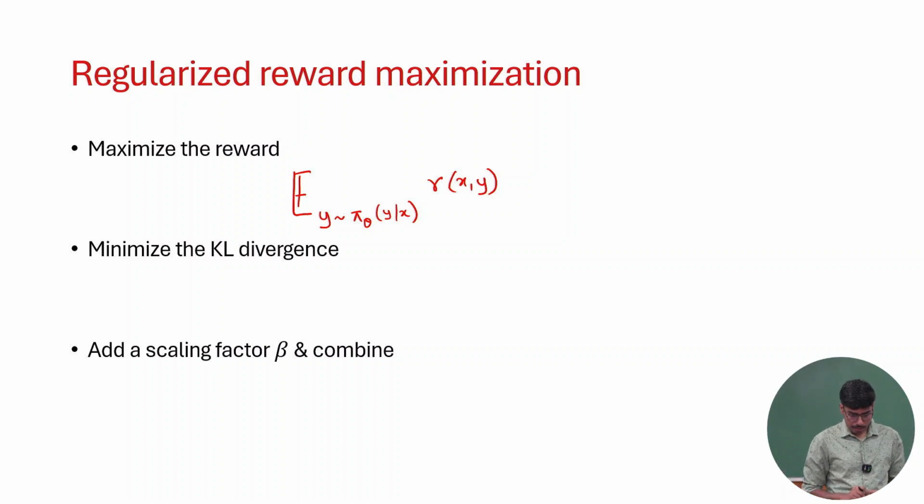And we also said that we don't want the policy to deviate too much from the starting point, the base policy, also called the reference policy, right? And how do we achieve that? We minimize the KL divergence with respect to that policy. So the second term is the KL divergence between the policy and the reference policy.